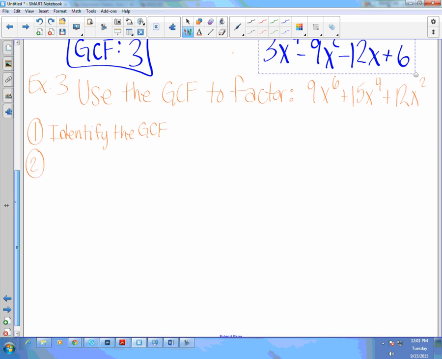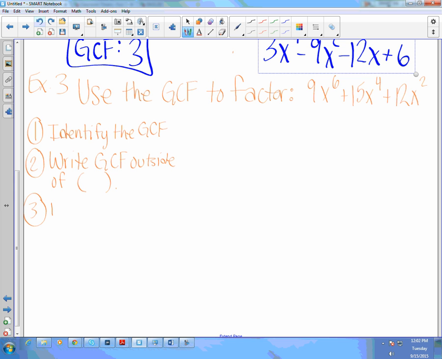Step 2 is to write the GCF outside of parentheses. Pull it out on the outside. And the third step is to divide every term by the GCF, the greatest common factor. We just have to write that down and then we're going to practice all the steps.